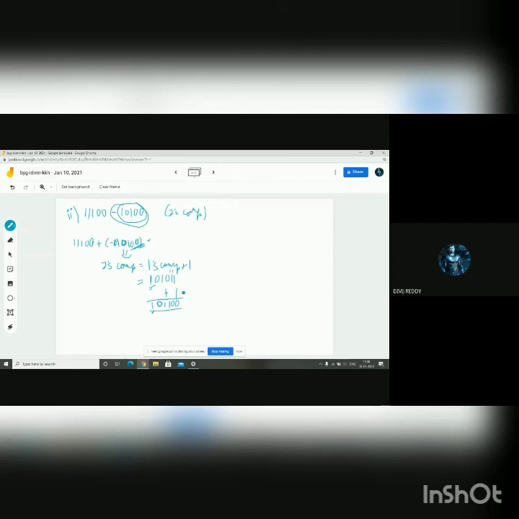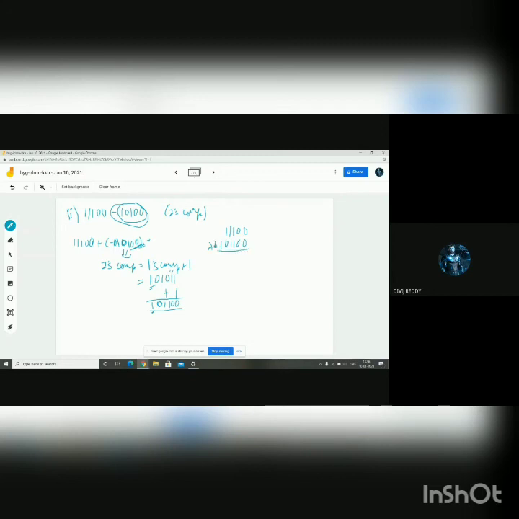Now we will add this number to our already existing number 11100. Then we will get our needed answer. Let's add those two numbers. 11100 plus 001101.